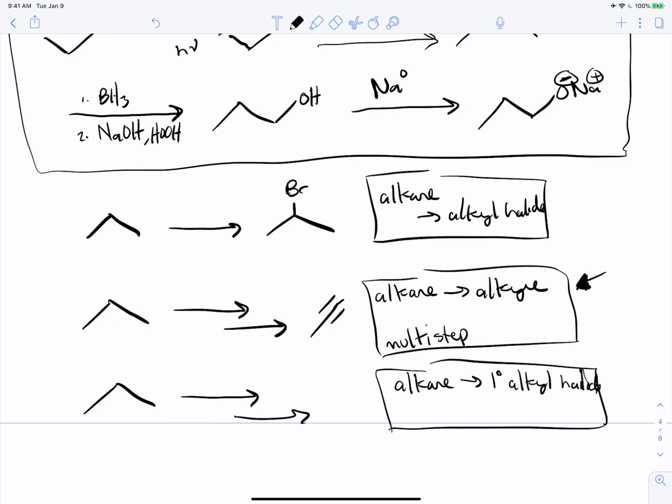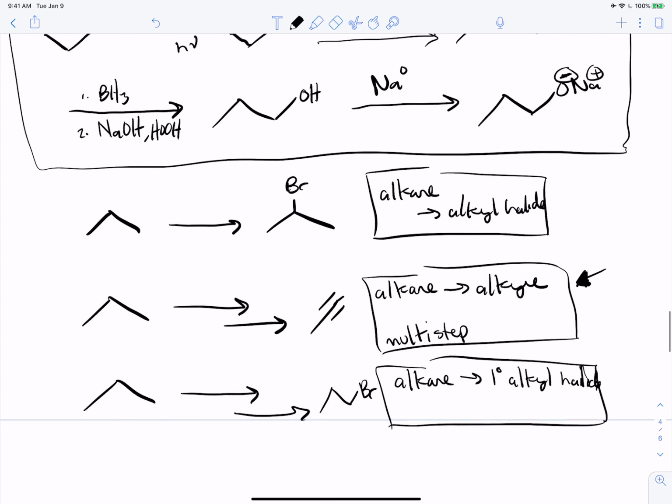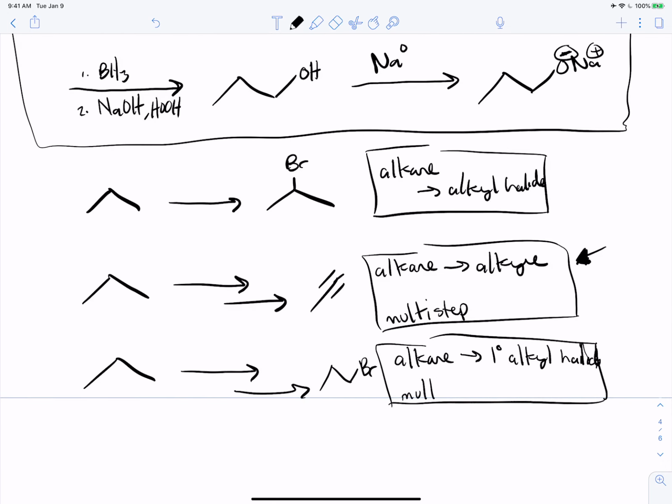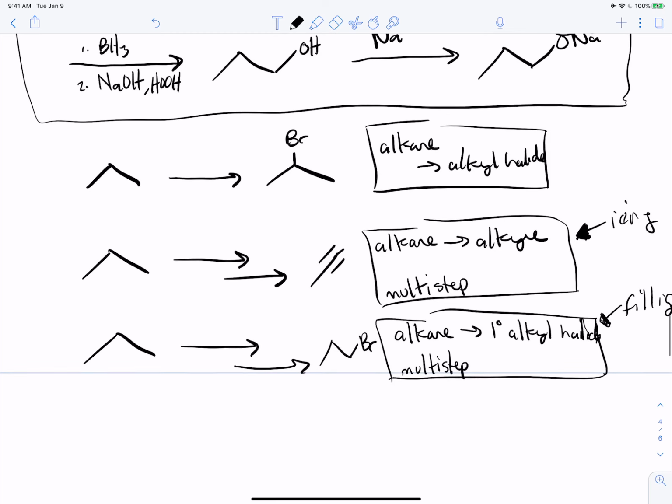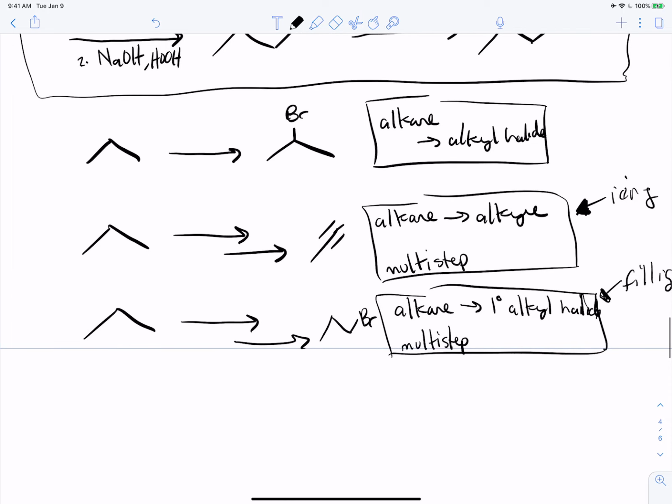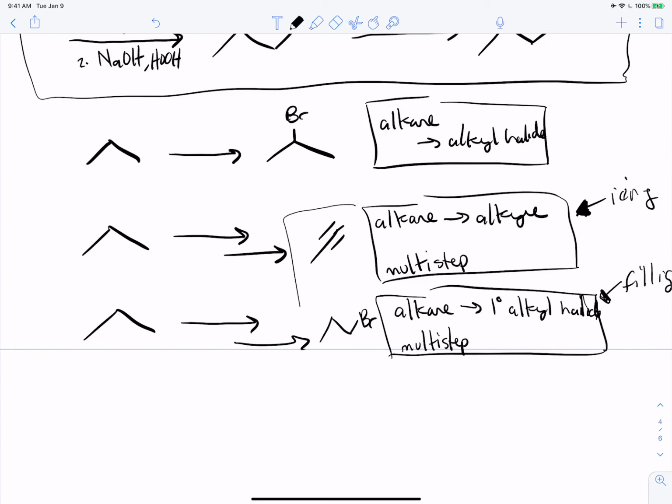So you might have the strategy for this as well. So that might be the icing, and this might be like the filling for the cake. And then ultimately you can put those things together into the actual cake, by combining these things here.